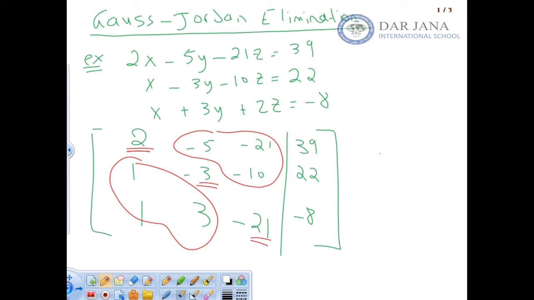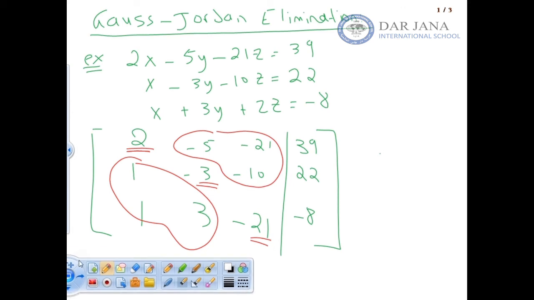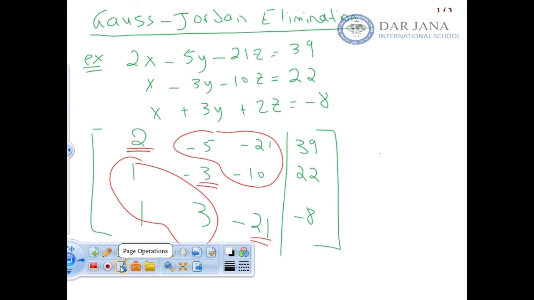So the first operation that I'm going to do is interchange row 1 with row 2. I'm going to interchange R1 with R2.